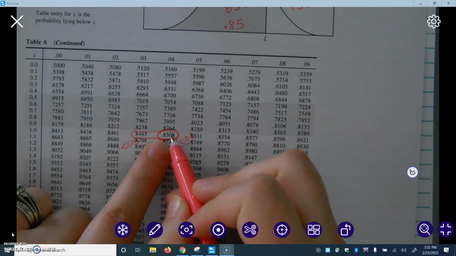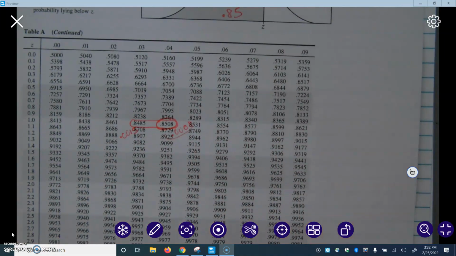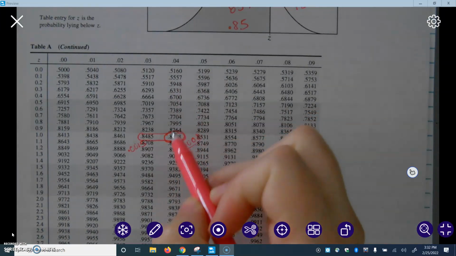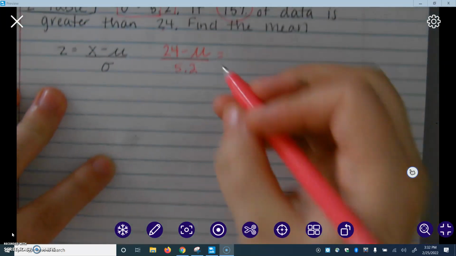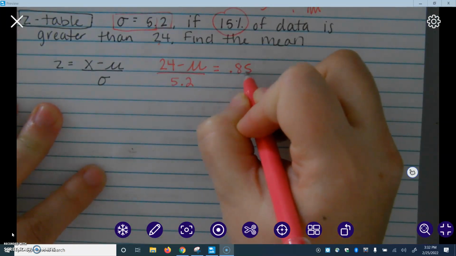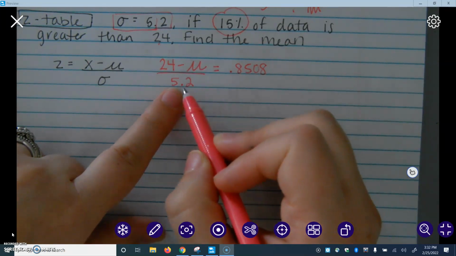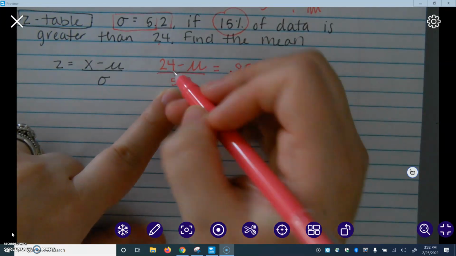So 0.8508. I'm going to go back to where I have my formula, and I'm going to put 0.8508 in place of z. All right, and now I'm just going to solve this for the mean. So I'm going to multiply both sides by 5.2.